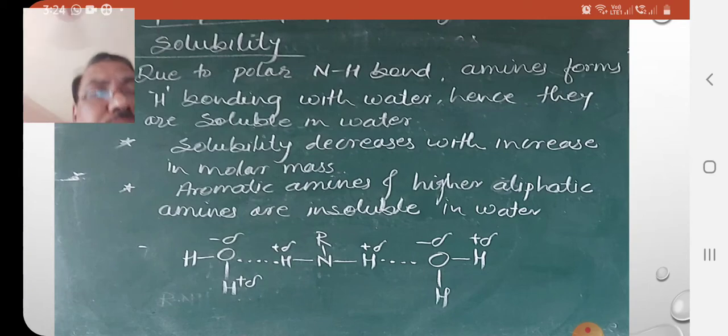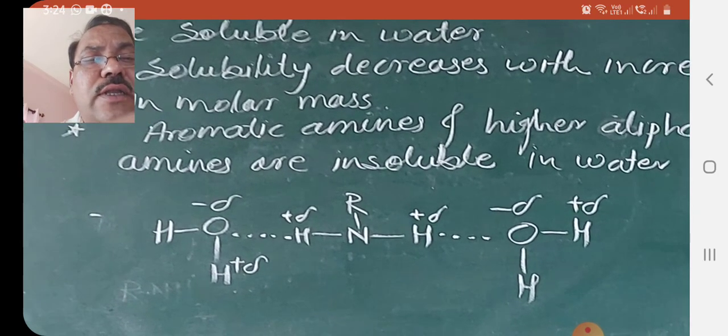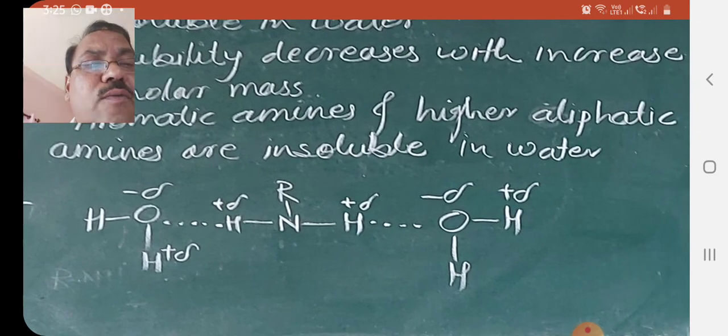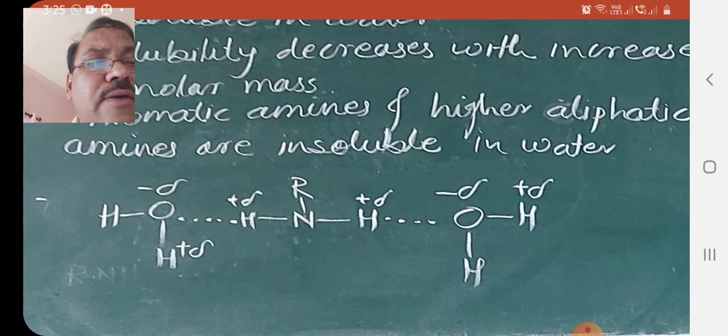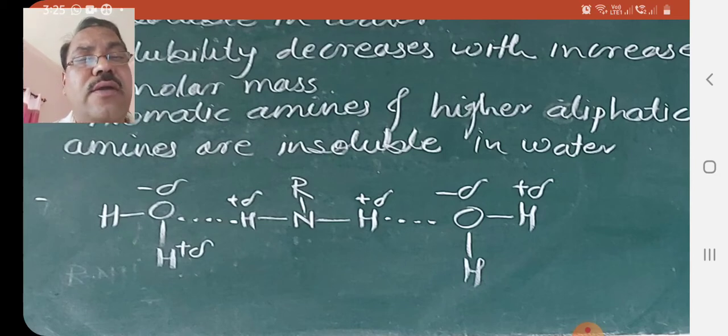You can see in the structure, this is the first H2O molecule, oxygen forms hydrogen bond with amine. Similarly, one more water molecule is on the right side. Oxygen carries partial negative charge, hydrogen carries partial positive charge, and there is a weak force of attraction which is called hydrogen bonding.